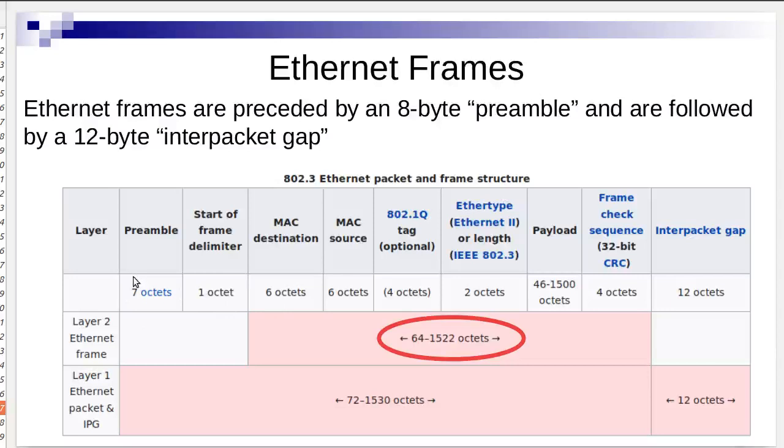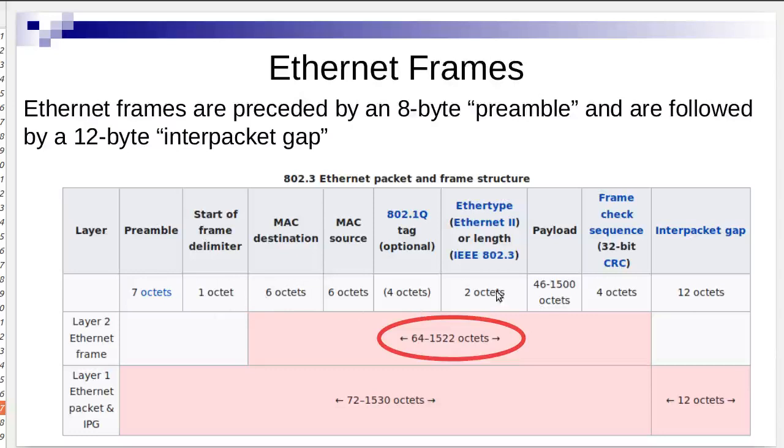So this preamble just tells the receiving NIC what speed it's being sent on, essentially. And then you figure out the speed and then you adjust, and then you get to the start of frame delimiter, which is just 1 byte or 1 octet, and that tells you that the next bit is going to be part of the MAC address of the destination, followed by the source, followed by a tag.